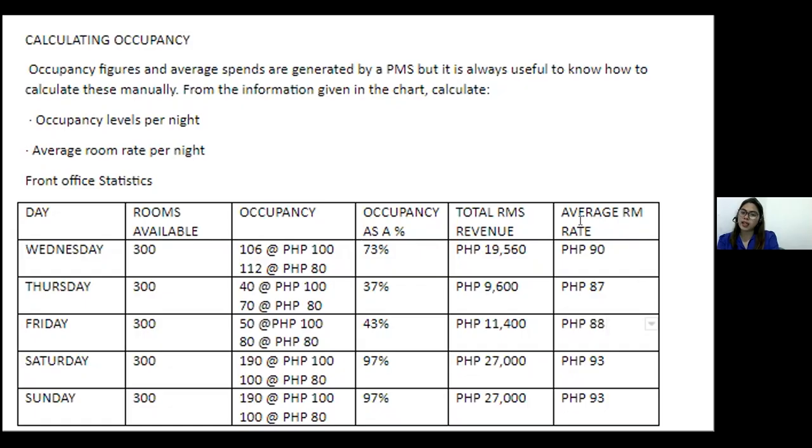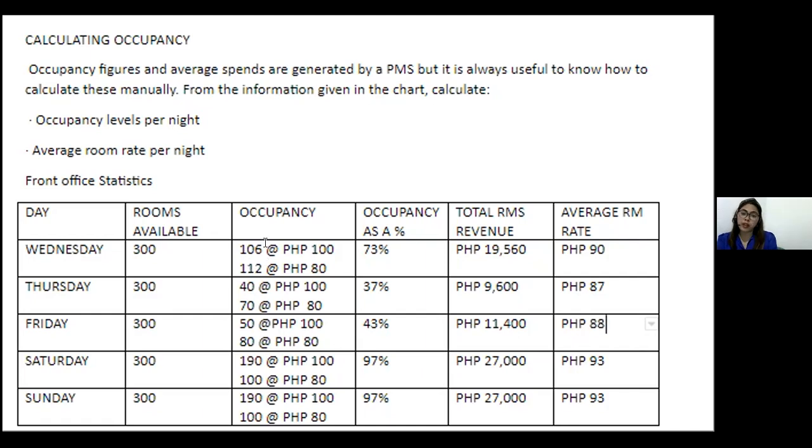Now, let's calculate the average room rate. To get the average room rate, we will divide the rooms revenue, which is 19,560, by the sum of the occupied rooms for that day.